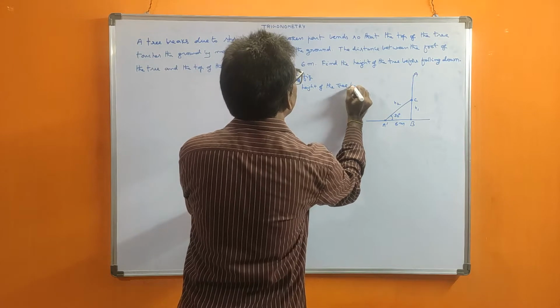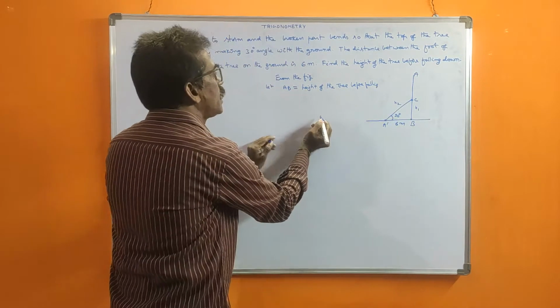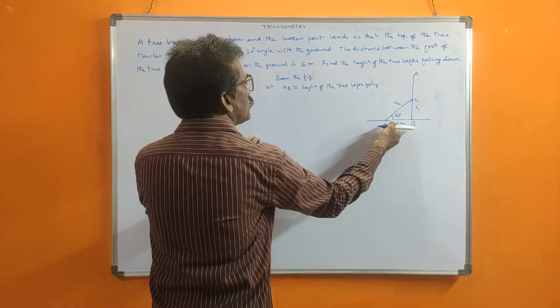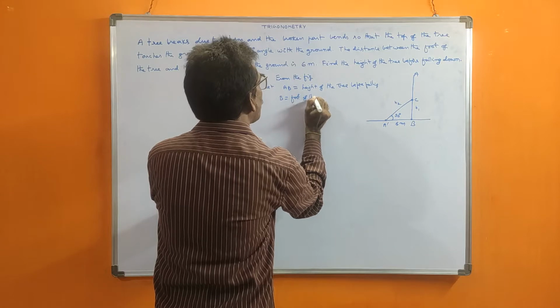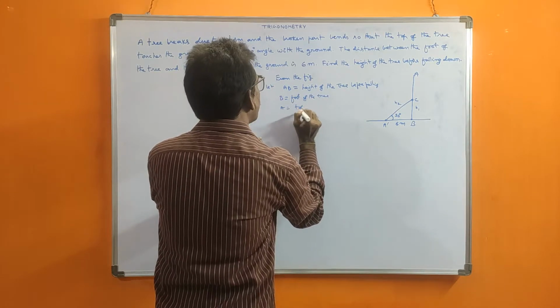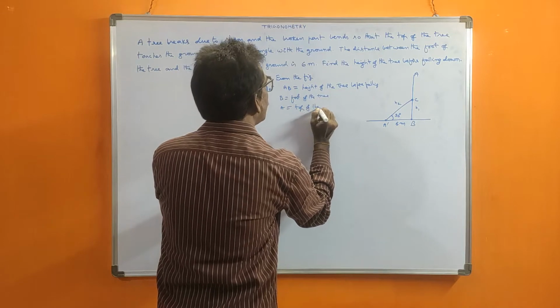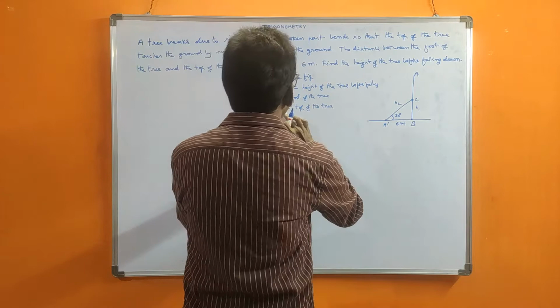AB is the height of the tree before falling. You write B is what? Foot of the tree. A is what? Top of the tree. You write, foot of the tree is B, top of the tree is A.